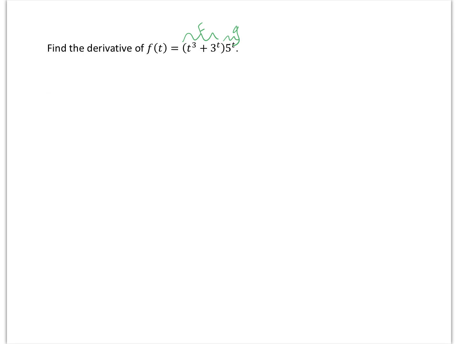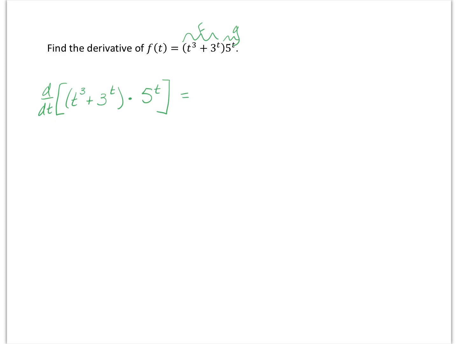I'm going to say d dt of t cubed plus 3 to the t, times 5 to the t is going to be f prime g plus f g prime.